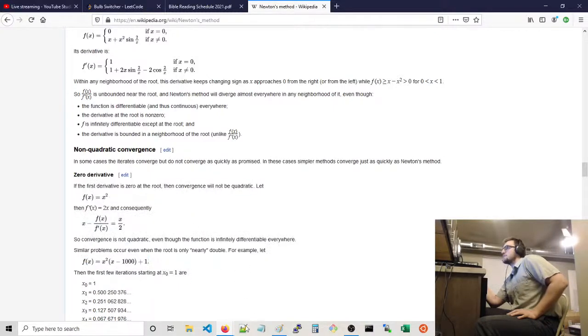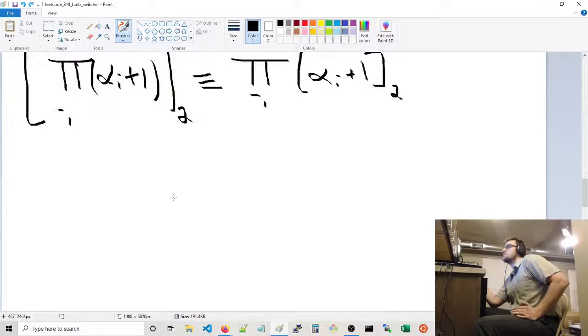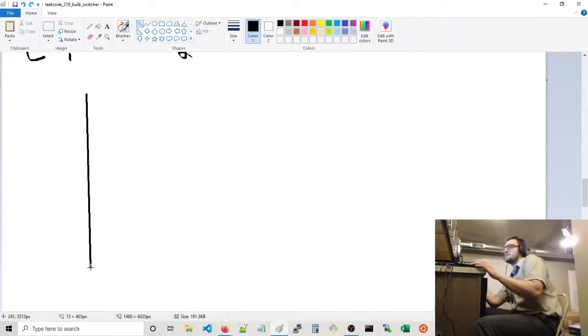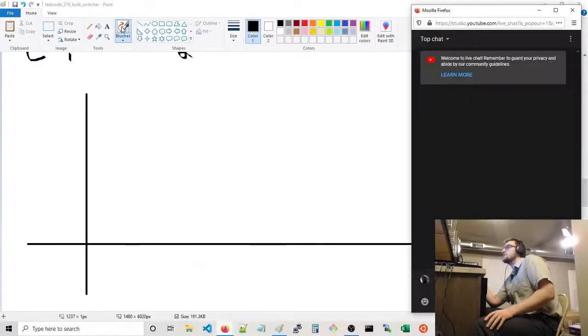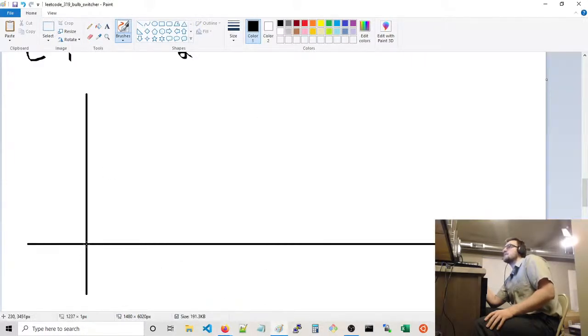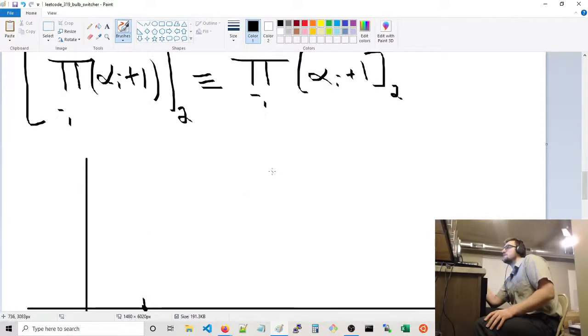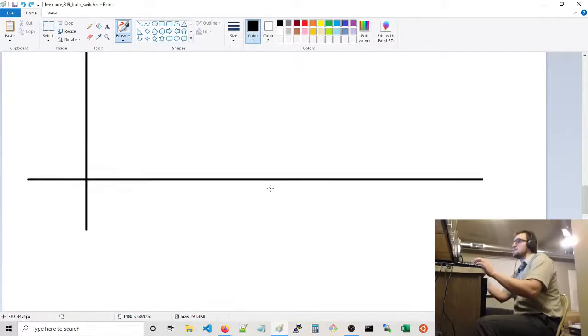Okay, so what we want to do is look for the root. Since this question is a little bit too easy if we just use the square root, what we want is to find the square root of some value n. So let's say we want to take the square root of k.